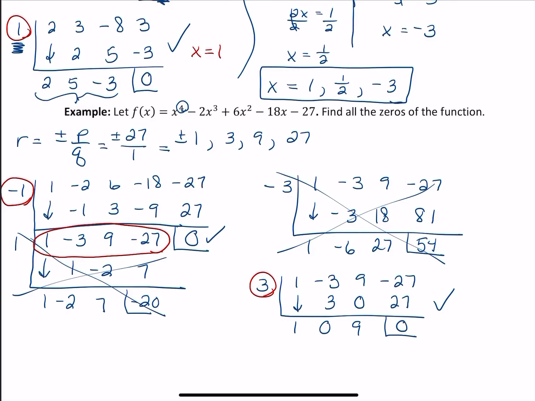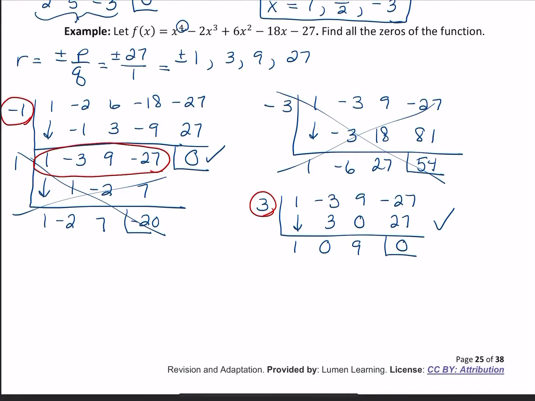Now, if you go through this process and you can't find another one, you might have a repeated 0. I don't in this case because I found another one, and then this gives me the quadratic x squared plus 0x plus 9. But if you run out of all your possibilities, if you've checked them all and they don't come out, you might try dividing again by the same 0. It could be a repeated 0. But in this case, I end up with x squared plus 9.